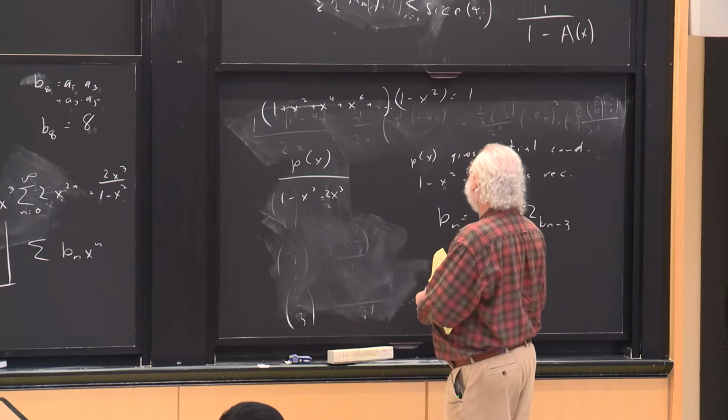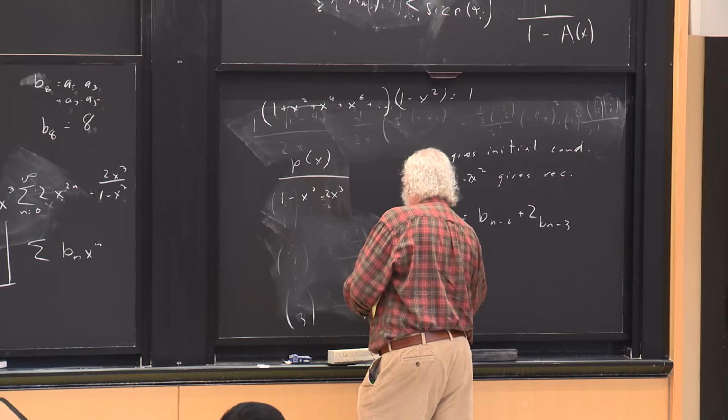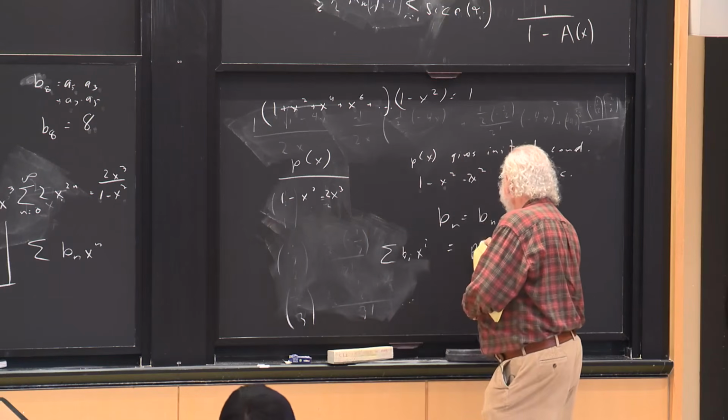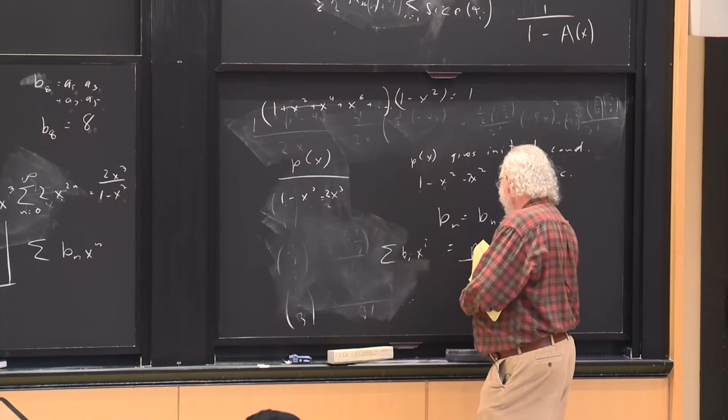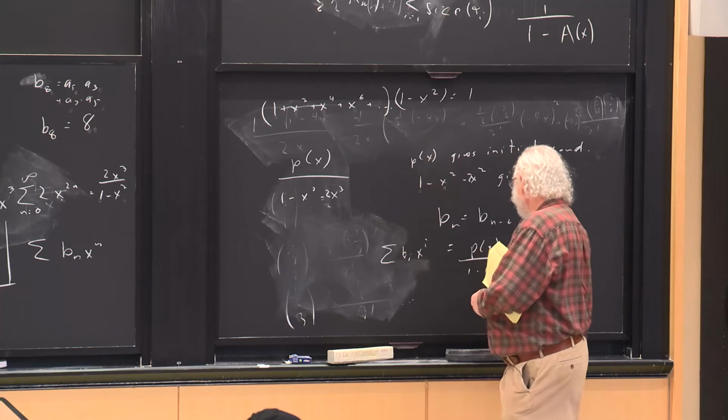So the summation of b sub i x to the i is equal to p of x over 1 minus x squared minus 2x cubed.